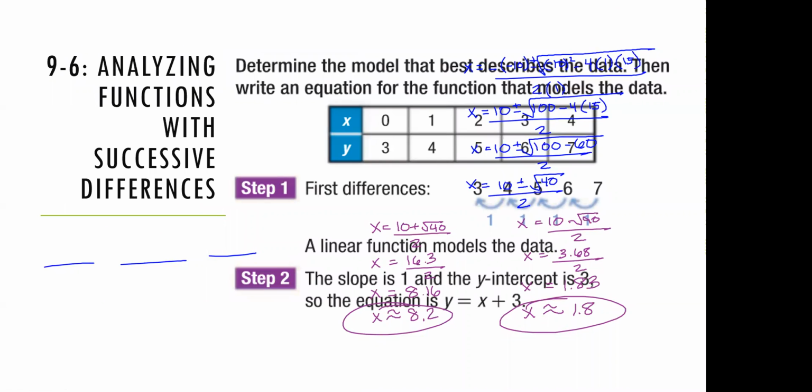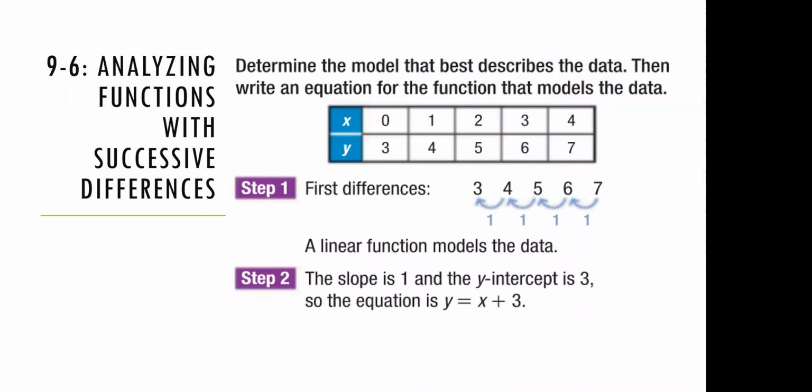All right, and then another section talks about analyzing functions with successive differences. Okay, so it talks about if you have the same difference, then it's a linear function. If the second difference is different from the first, then it's going to be a quadratic function.